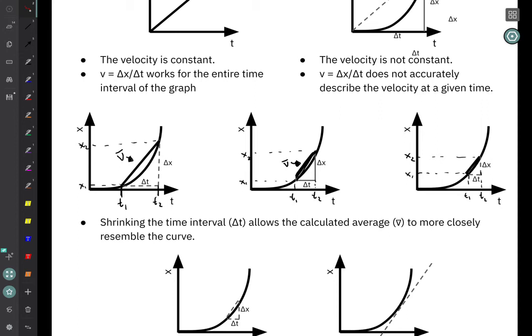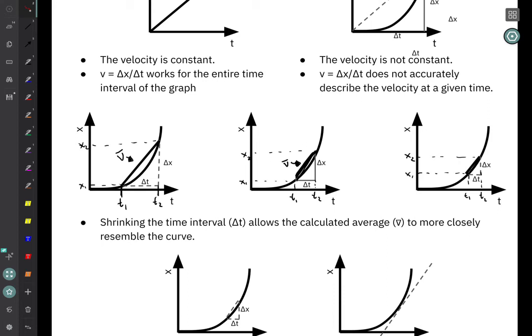So after we have those graphs drawn, and we are showing what those relationships could be just by having our time 1 and time 2 correspond to those changes in time, and our position 1, position 2 correspond to that change in position, we can talk about this bullet point that I'm going to have right underneath these 3 graphs. What this bullet point says: shrinking the time interval, the delta t, allows the calculated average velocity, v with a bar on top of it, to more closely resemble the curve.